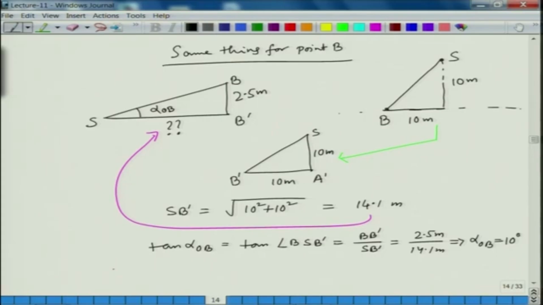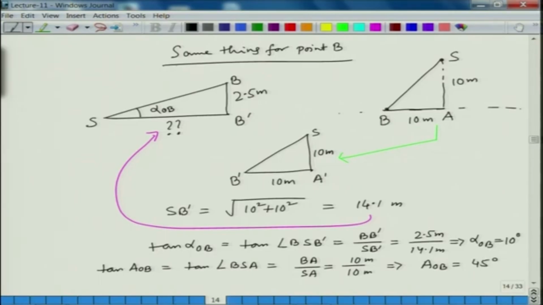And we need another angle, which is the azimuth OB. Now, the tan of azimuth OB will be tan of angle B S A. Azimuth is how far east or west it is with respect to S. From this triangle you have the angle B S A. This tan is nothing but B A over S A, that is 10 upon 10 meter, which will give you azimuth OB as 45 degree.